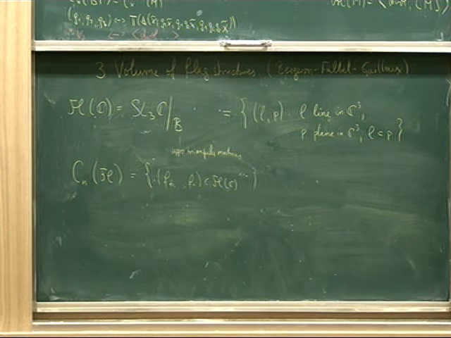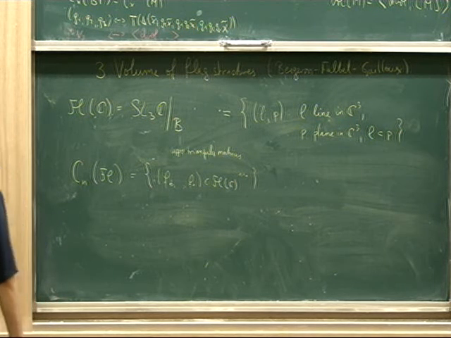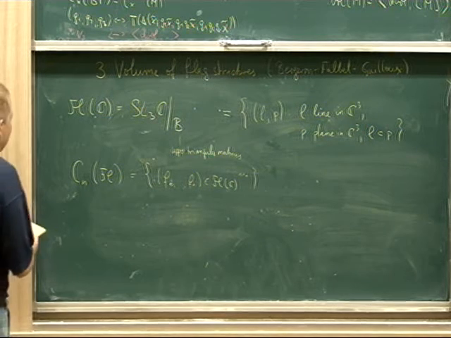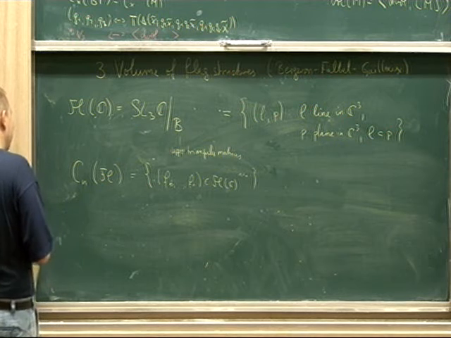They define some invariant for this, which they call the volume of such a thing. For quadruples of elements in the flag variety, they define some volume.